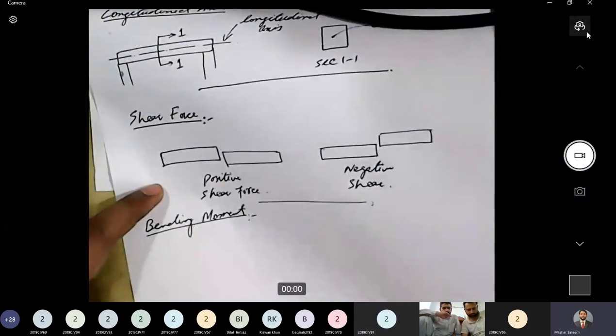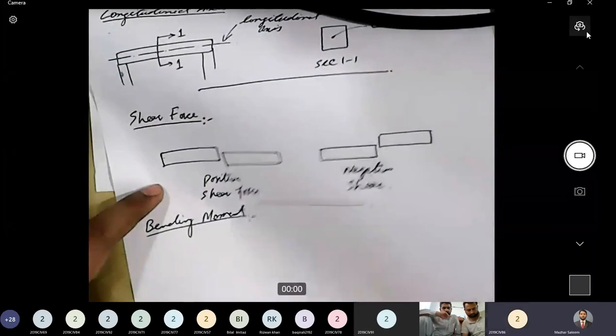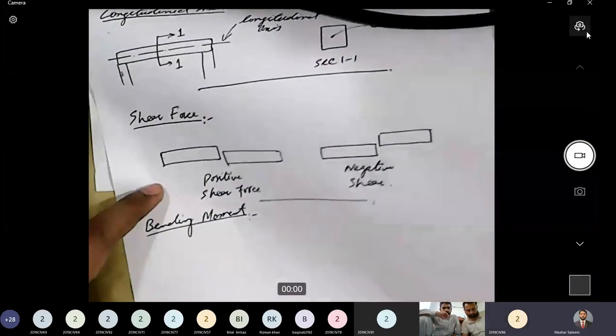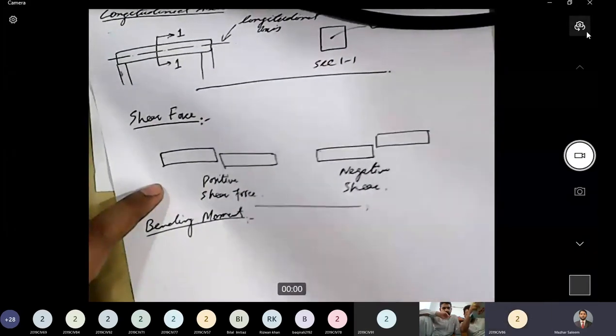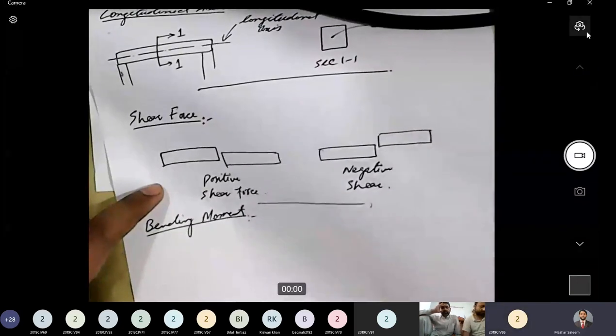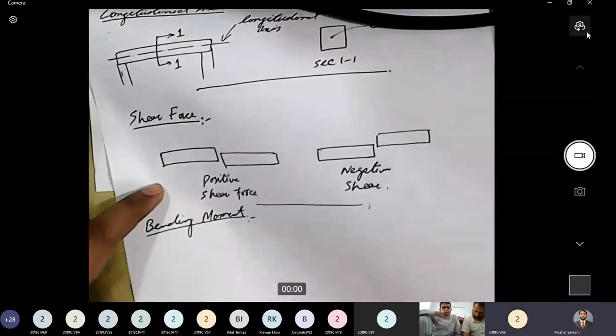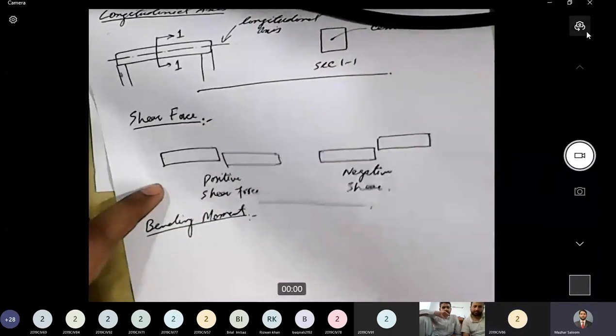When we apply transverse load on a member, then there are two results of that externally applied loading. If I talk about internal forces, there are two internal forces generated in the beam, and one of them is shear force and the other is bending moment.